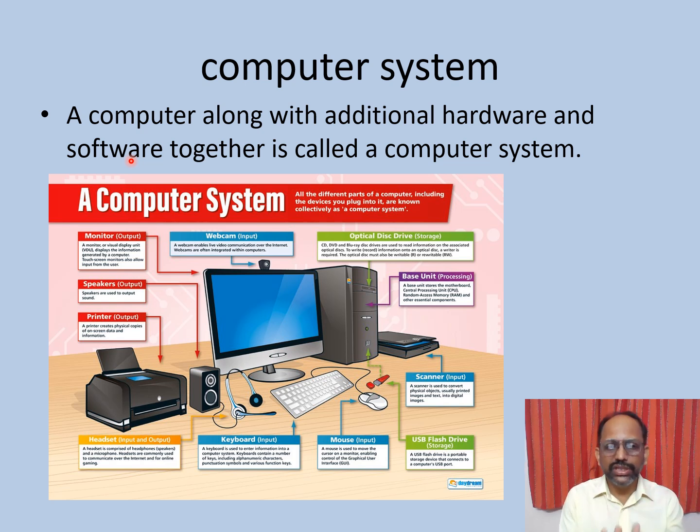Without those instructions, your computer is incapable of doing any activity. This software is not a physical one. It is intangible. It is invisible. It is instructions given to the computer to do the required task. Hence, the hardware and the software put together make the computer system.